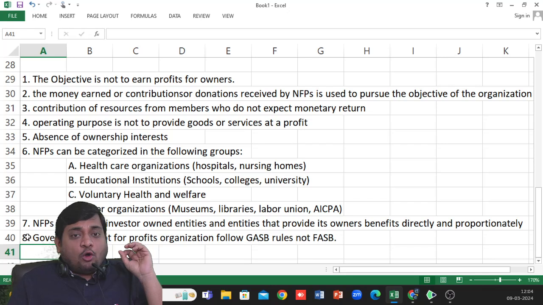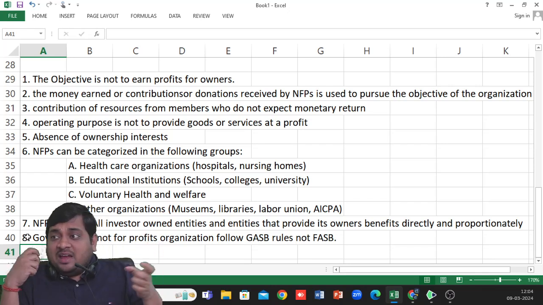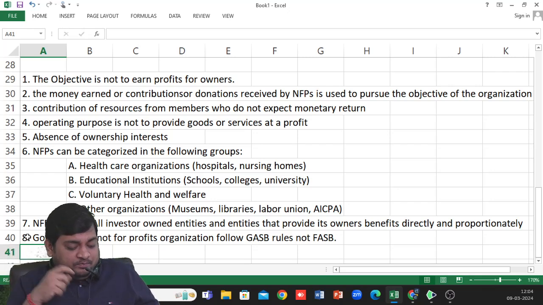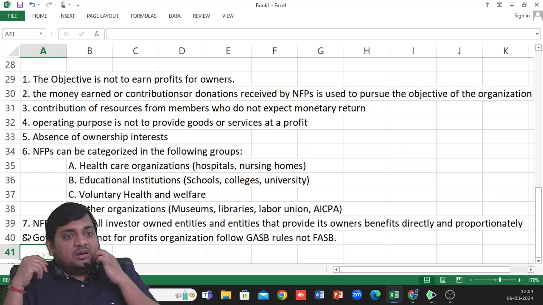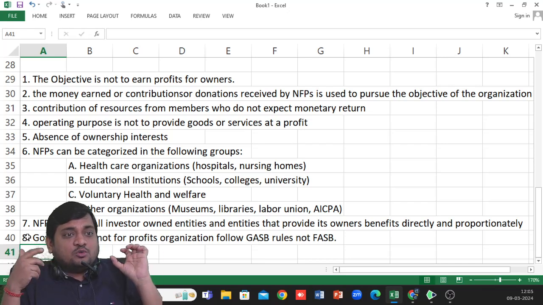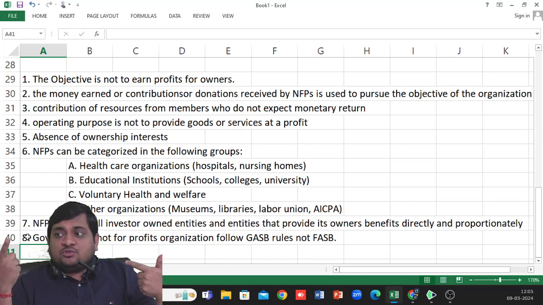Now, when I talk about financial reporting for not-for-profit entities, right? We have done it in our plus two level, because in our plus two level, this topic is there, NPO, right? Not-for-profit organizations. So in that we have learned, we used to prepare balance sheet, we used to prepare receipt and payment, we used to prepare income and expenditure, right?